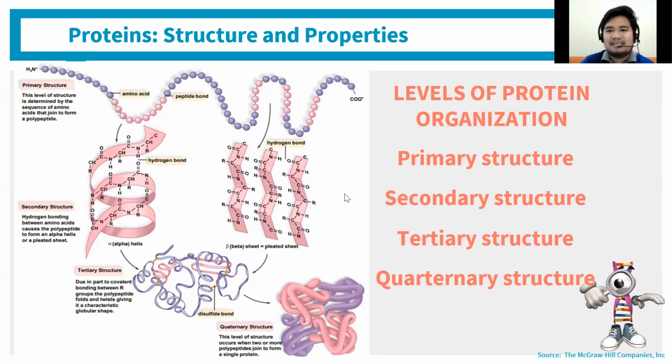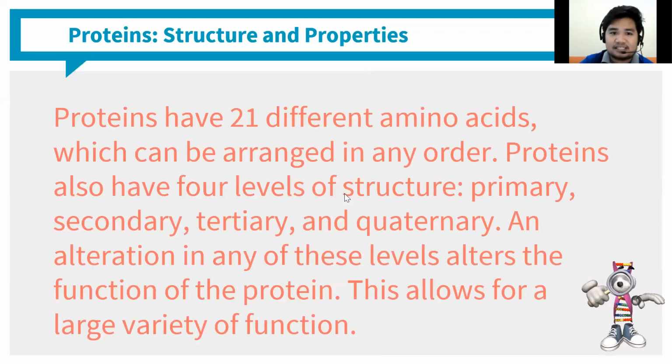Okay? So next, ayan. Itong levels of protein organization, kapag naintindihan natin siya, yan yung mag-explain kung paano related si structure at properties pagdating sa protein. So, again, proteins have 21 different amino acids which can be arranged in any order. So, proteins also have 4 levels of structure: primary, secondary, tertiary, and quaternary.